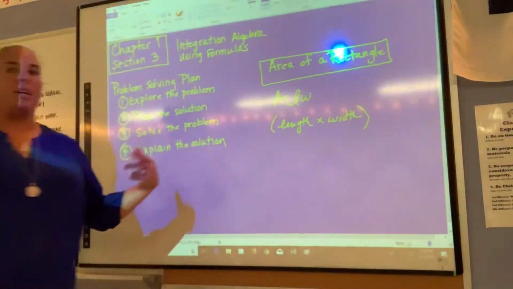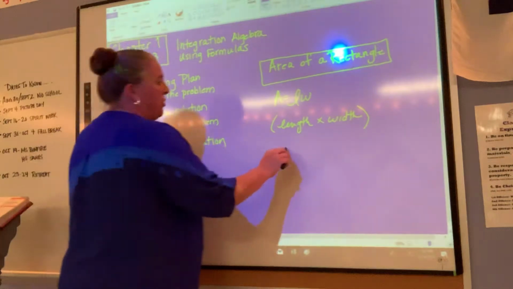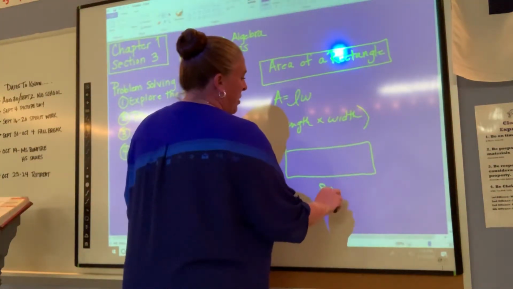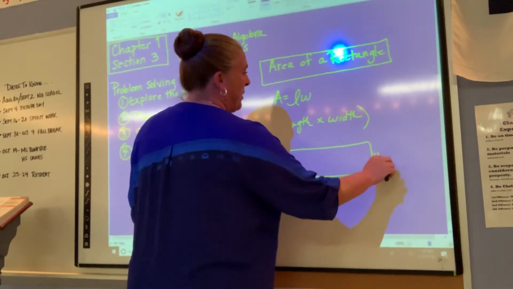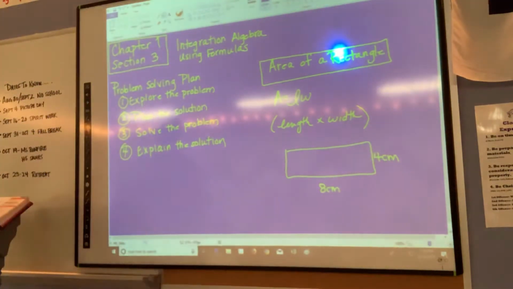That is a formula. It tells you what's actually happening, what you are doing in order to solve for area. How many dimensions is area? So it's always units squared. So if this is what the problem gives you, and they say that this is 8 centimeters, and this is 4 centimeters, and it asks you for the area of this particular rectangular item, what should you do?